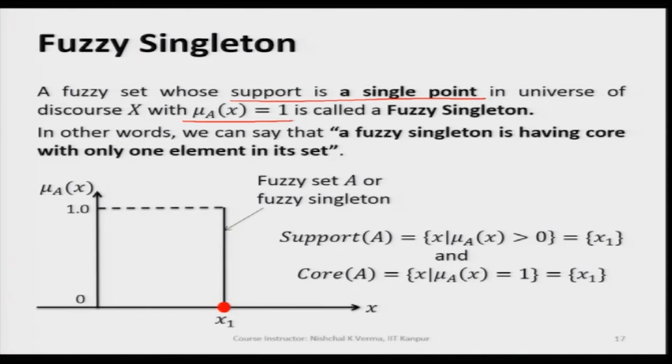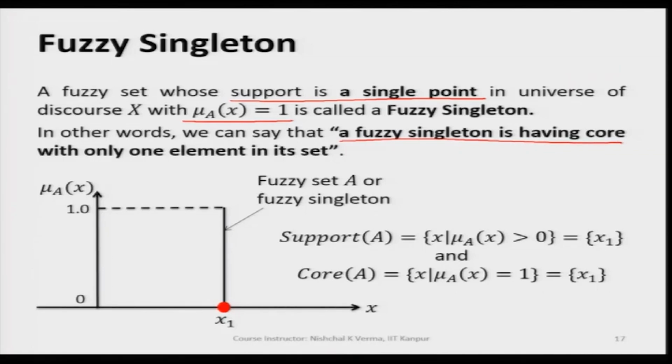If this condition is satisfied, we call the corresponding fuzzy set a fuzzy singleton. In other words, a fuzzy singleton has a core with only one element in its set.